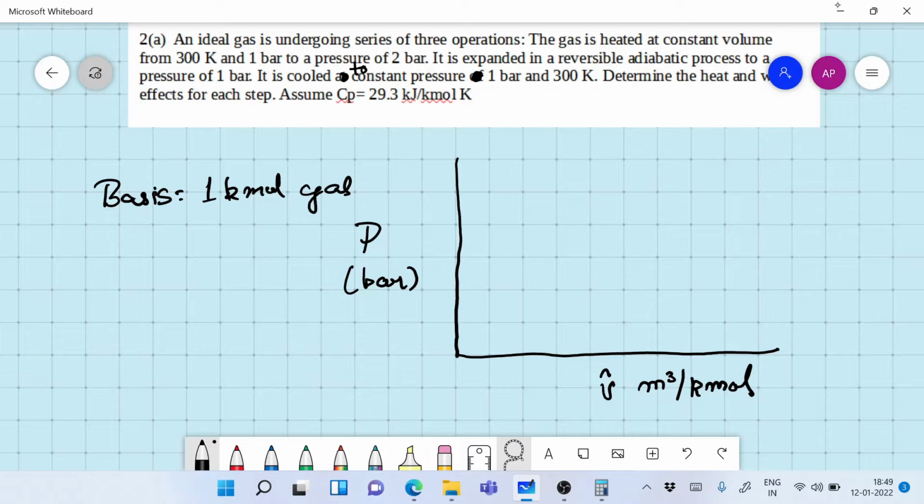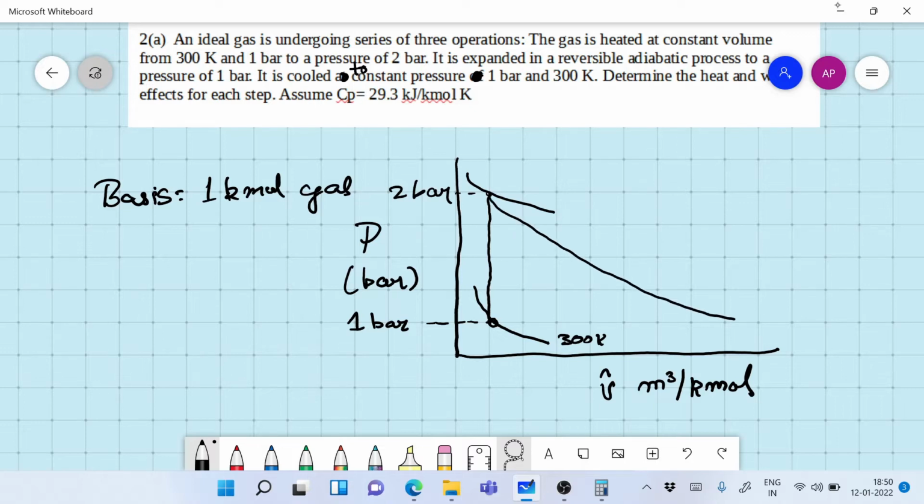Fine. So to start with, we draw the isotherm and it's 300 Kelvin and 1 bar pressure. So this is the starting point of your cycle. Now from here it is heated up to 2 bar. Now adiabatically it is expanded to 1 bar.